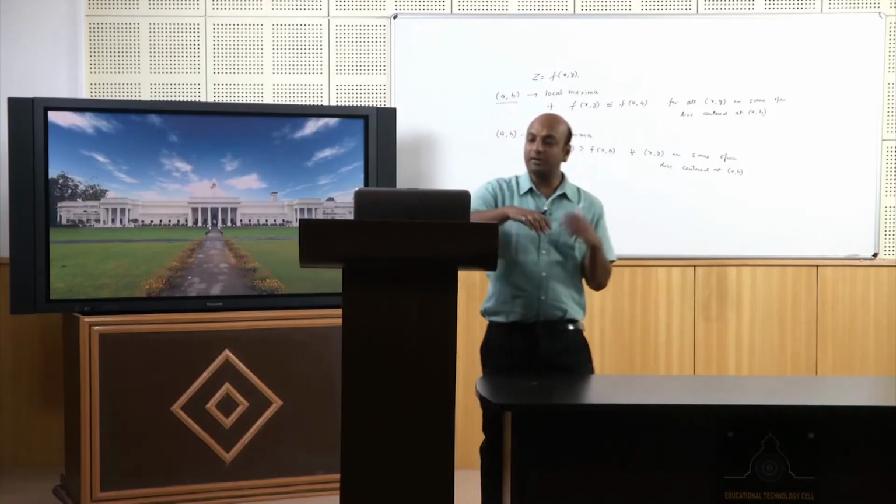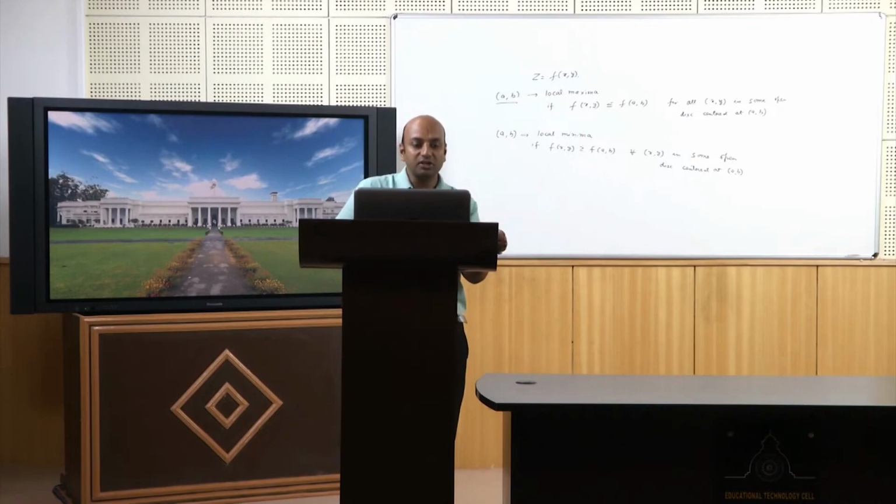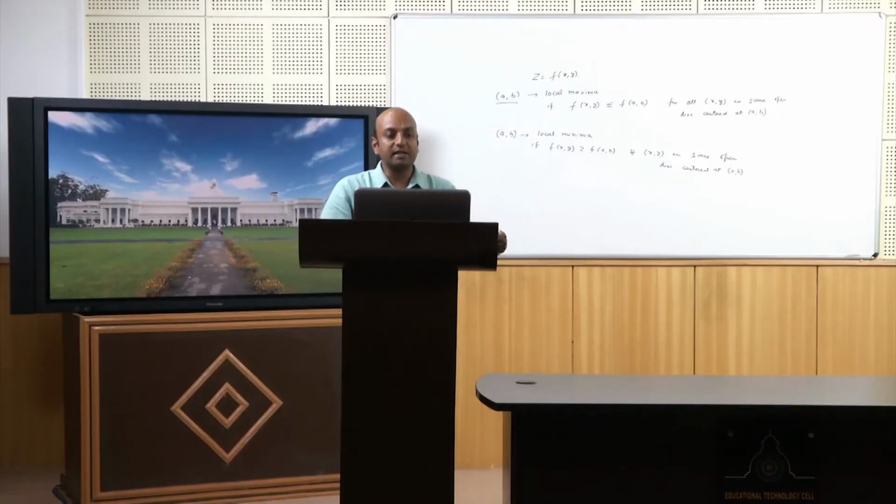In a similar way, for the two variable function, if an interior point (a, b) is a point of local maxima or local minima, and its first order partial derivatives exist at this point, then f_x at (a, b) is equal to 0 and f_y at (a, b) is also equal to 0. Now, what is a critical point?